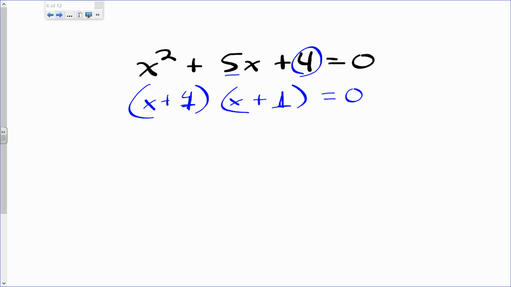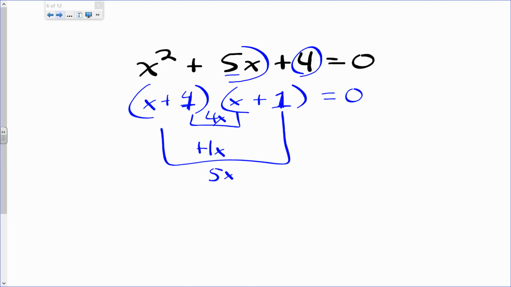Positive 4 times positive 1 becomes 4, and then 1x, the outsides, and the insides 4x. If you add those up, they become 5x, in other words, the middle term. So we're good to go.